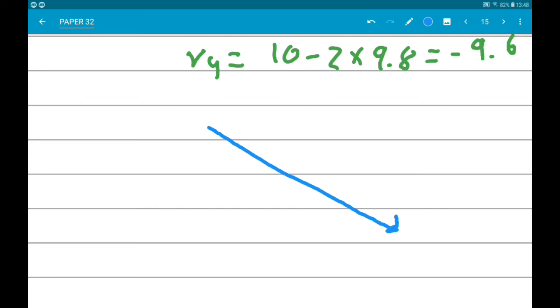So the vertical component is minus 9.6 and the horizontal is 10 root 3.